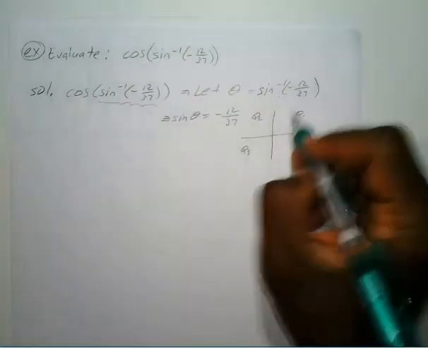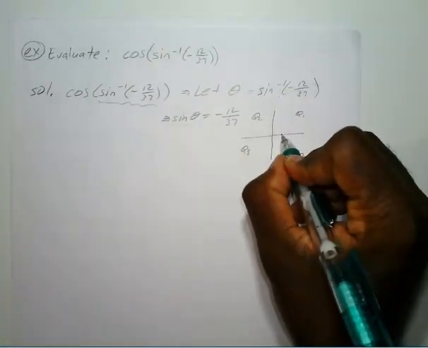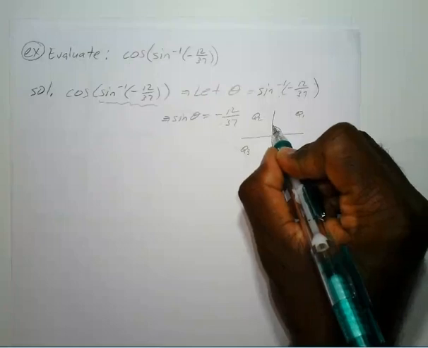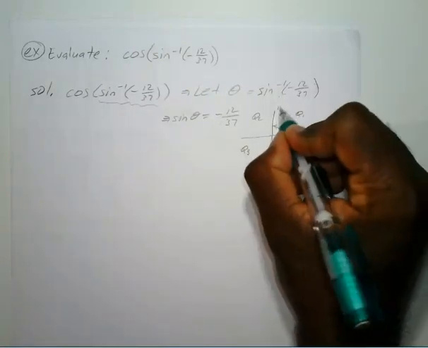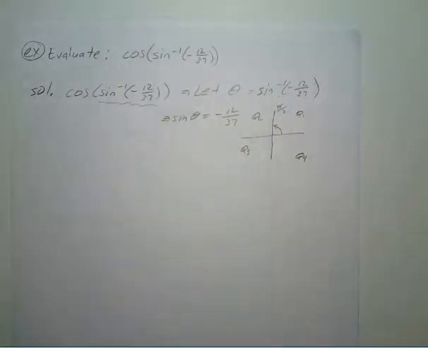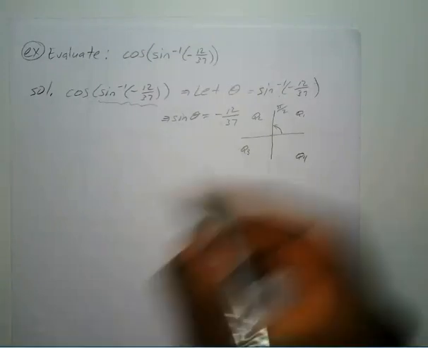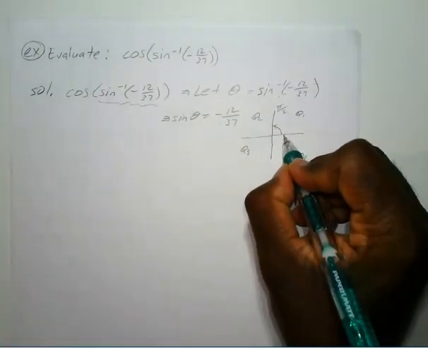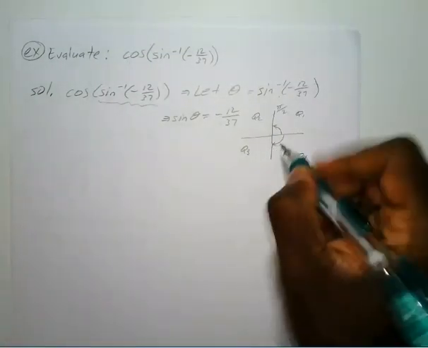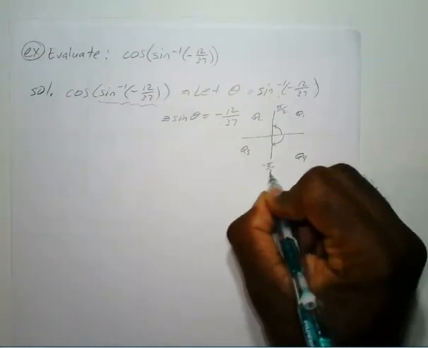If we start on our initial line and go this way, this is positive pi over 2. But if we're going the negative direction this way, then this would be our negative pi over 2.